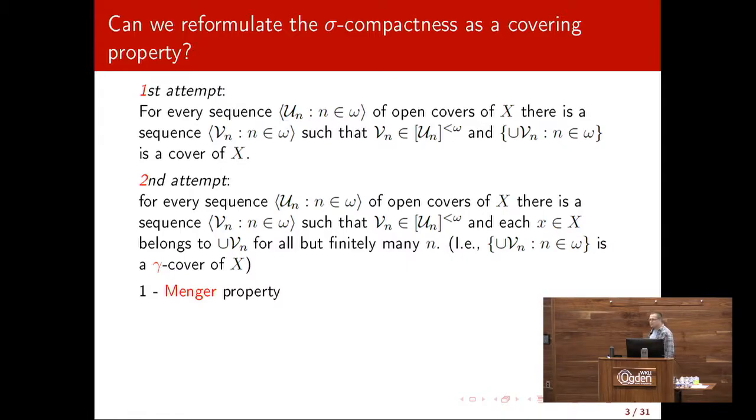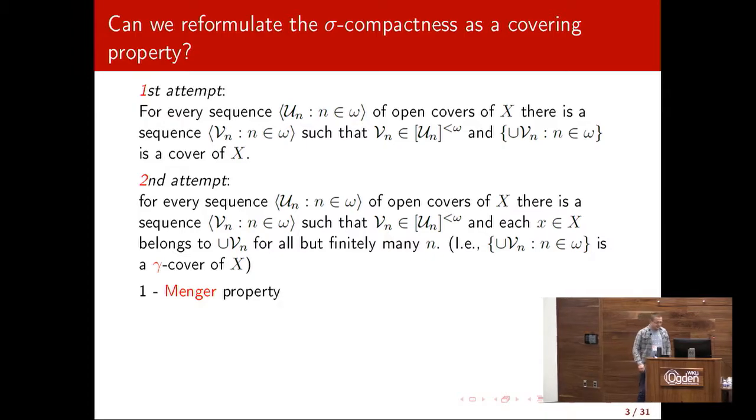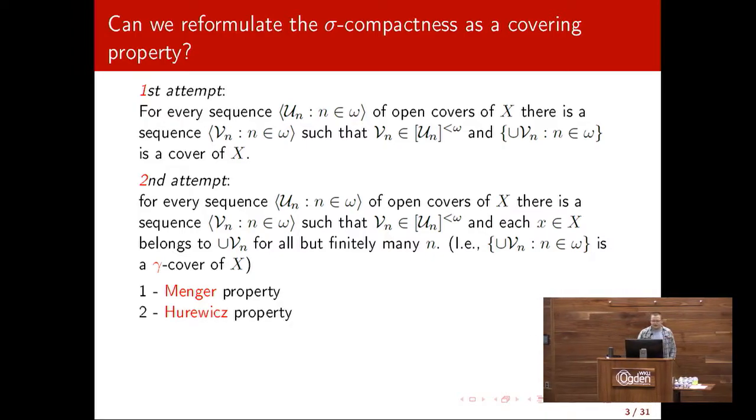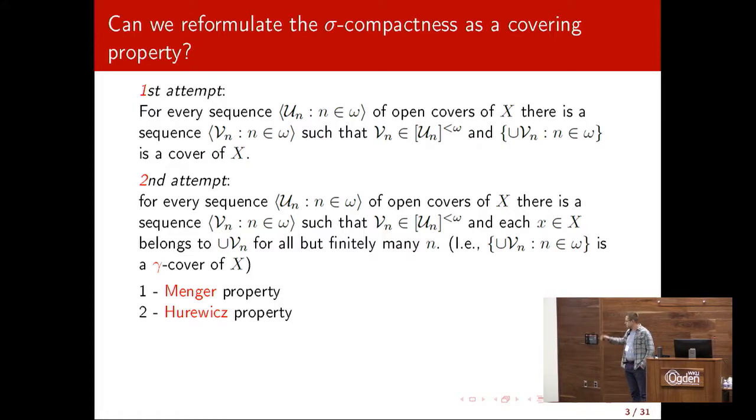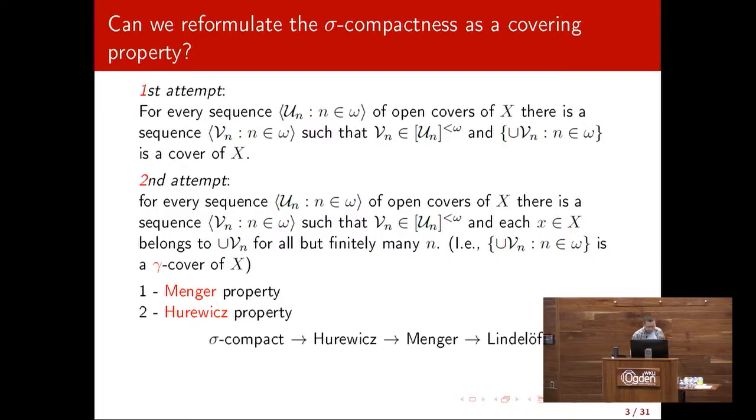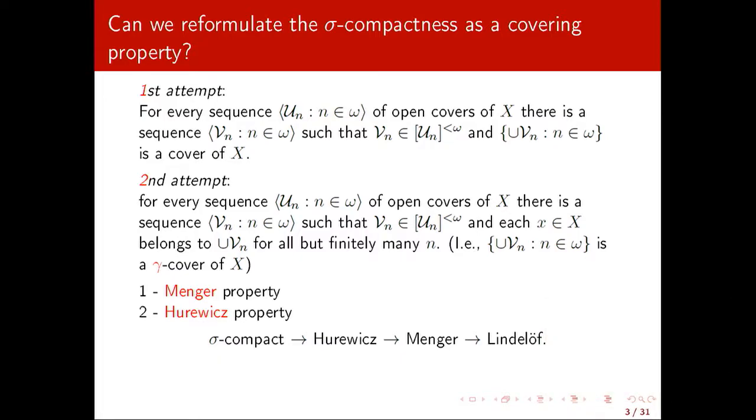So those who went for the first attempt would define the Menger property. Those who went for the second one would define the Hurewicz property. Both of these, as the names suggest, were defined long ago, actually in the 20s of the previous century. And as we have already discussed, every sigma compact space is Hurewicz, and every Hurewicz space is Menger, because we just demand that your open cover is stronger.